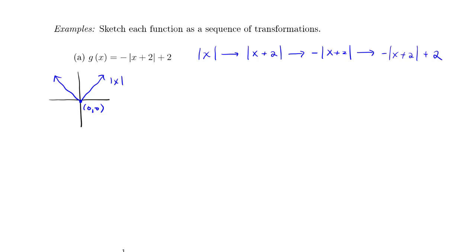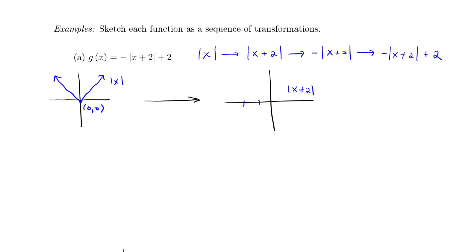All right, so the next would be to do this absolute value of x plus 2, with the plus 2 being inside. So if I'm looking at absolute value of x plus 2, what that has done is taken the previous one and added a 2 to the x, so it shifts it back 2.